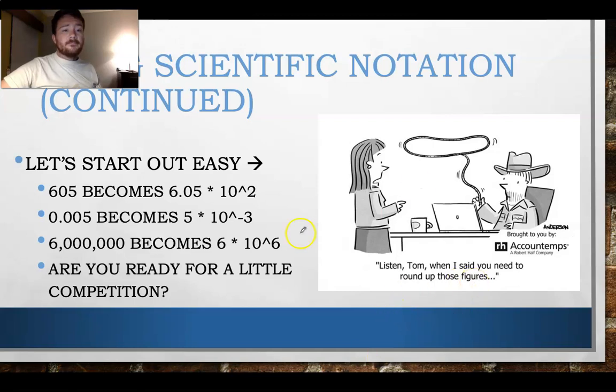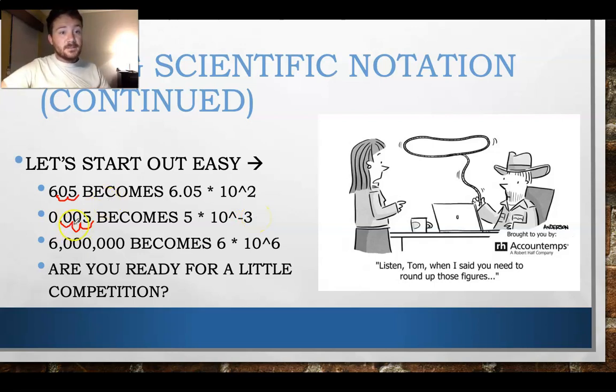Starting out easy, 605 becomes 6.05 times 10 to the 2. That's because we went to the left 2 times. And you write 2 in there, and the exponent's positive because this number's big. And this number, 1, 2, 3, 5 times 10 to the negative third power.